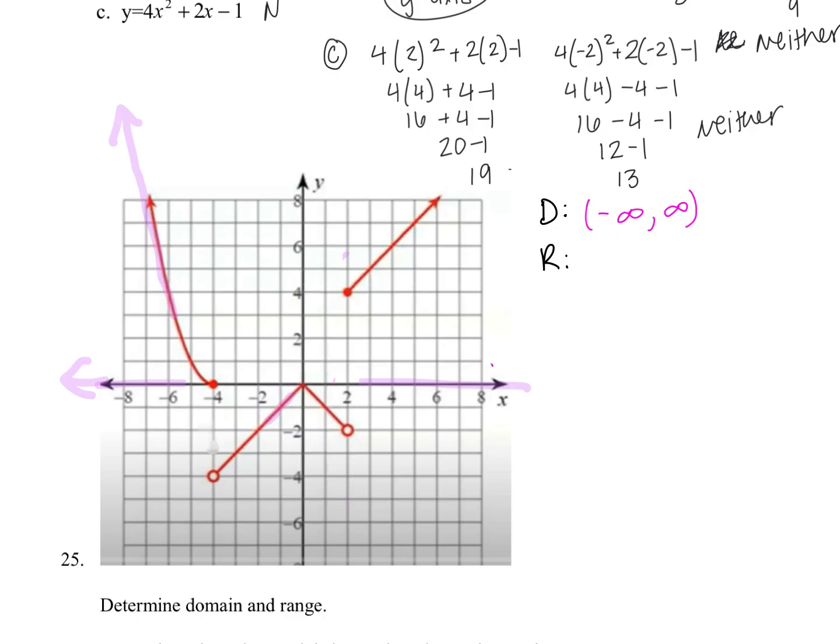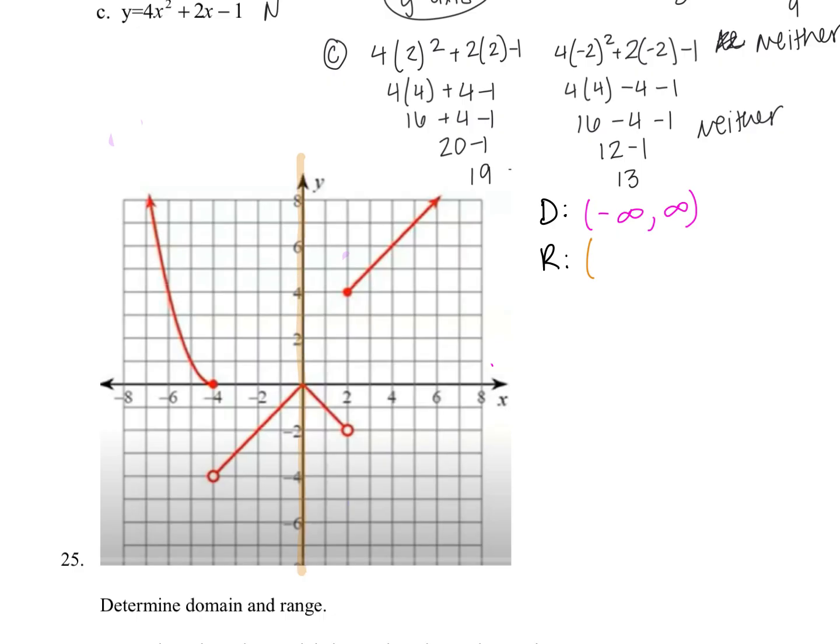All right, let's go ahead and look at our range. So looking at our range, I'm going to look at the y values. What's the smallest possible y value that we have? Let me get the orange.